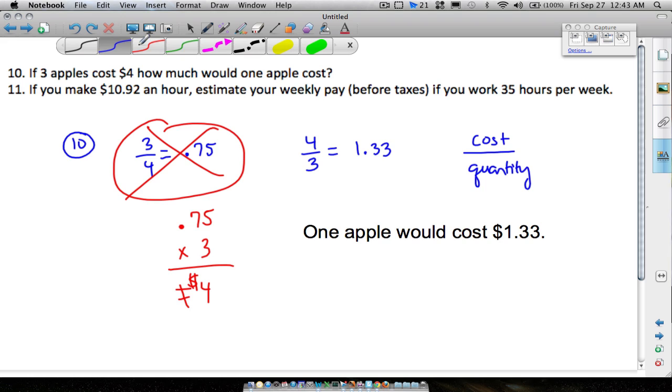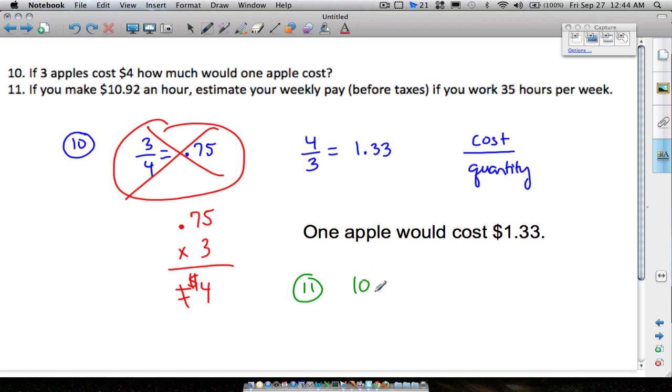Number 11. I think we can squeeze that in right here. If you make $10.92 an hour, estimate your weekly pay before taxes if you work 35 hours per week. All right, so we make $10.92 for every hour that we work. That's pretty good. It's better than minimum wage. And if you work for 35 hours, you want to multiply by 35.